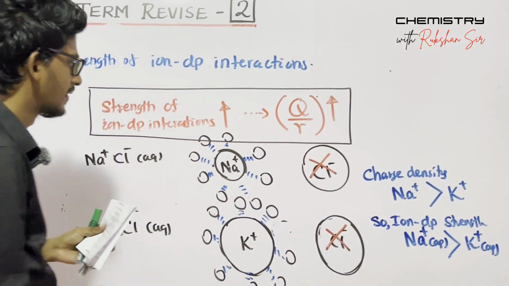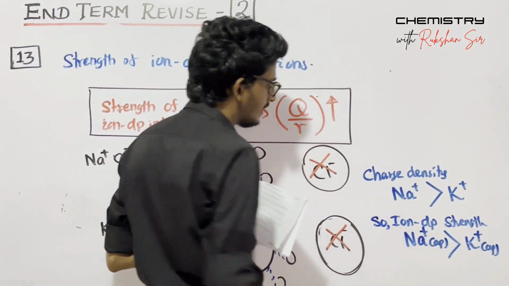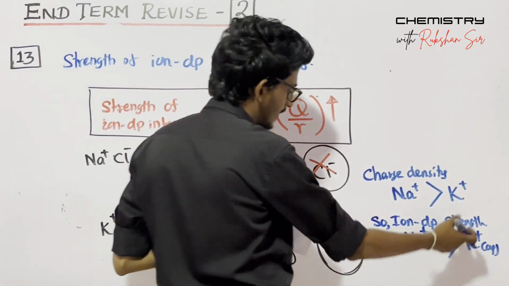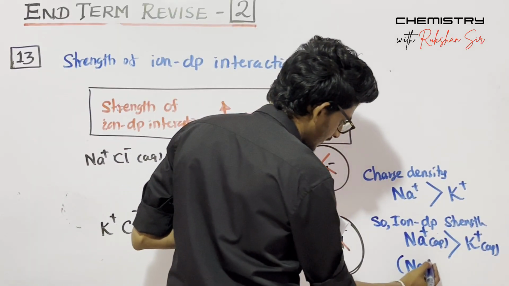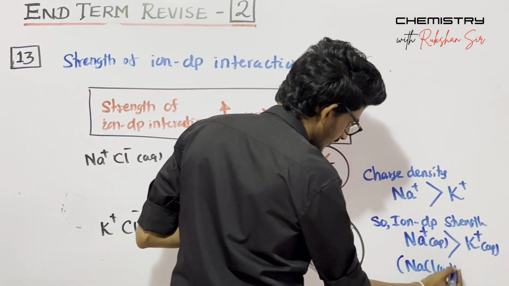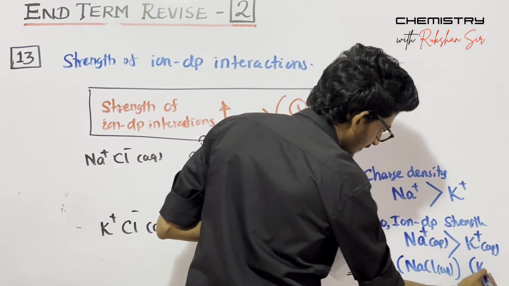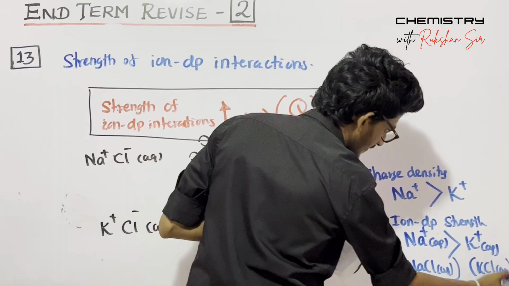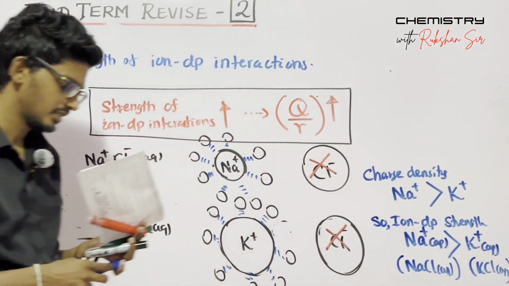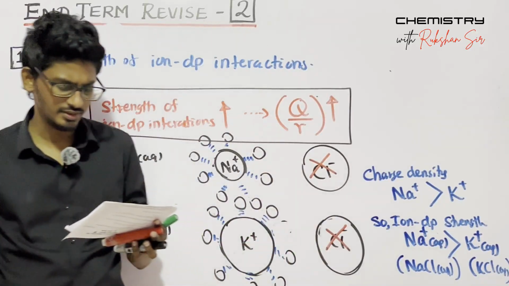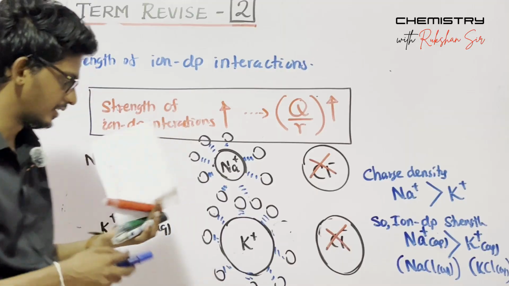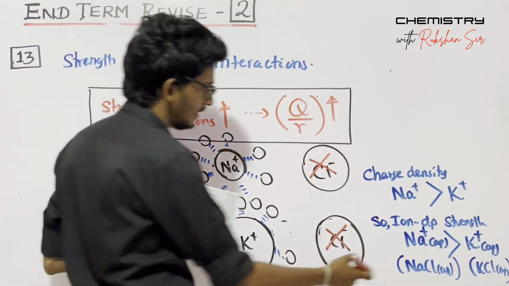So we can say the ion dipole interaction strength in NaCl aqueous is greater than that of KCl aqueous. See what they are saying? Strength of ion dipole interactions are stronger in NaCl solution than in a KCl solution. Yes, that is true. The statement is true.